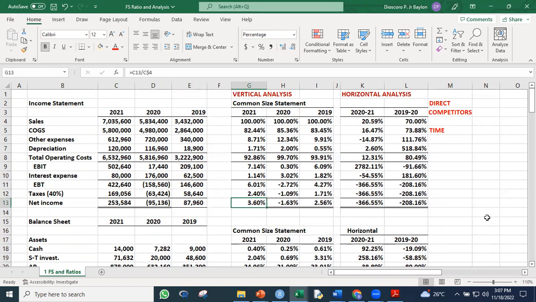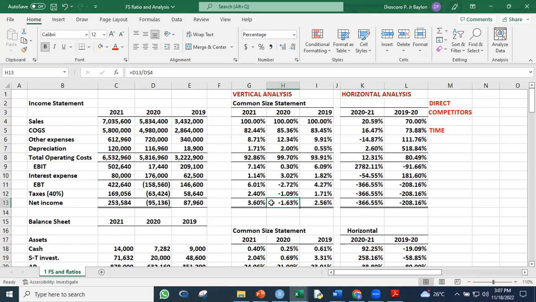So how do we interpret that? We say that in 2021, the company, for every 100 pesos of sales, earned 3 pesos and 60 centavos. Yun ang ibig sabihin nito, because it's linked or related to your sales. For 2020, for every 100 pesos of sales, the company lost 1 peso and 63 centavos.